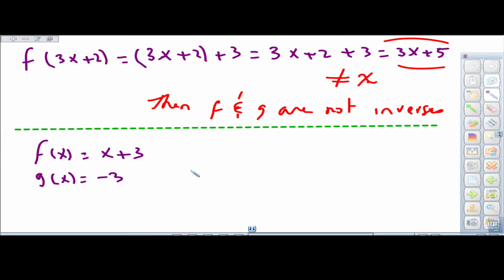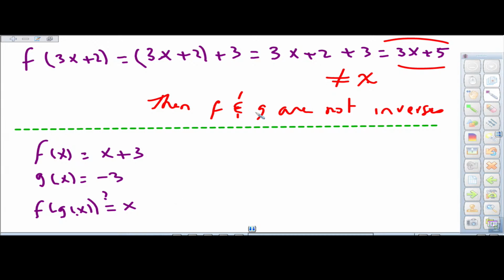Okay, I'm being silly, but why not? Let's just try. So if f of g of x equals, we're testing, equals x.